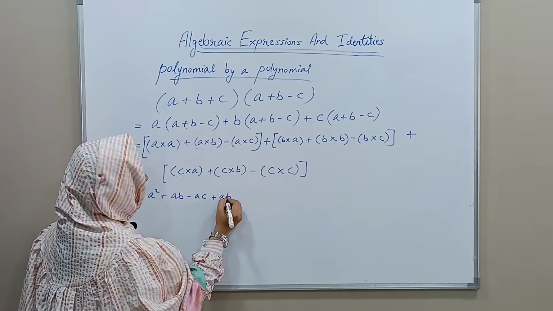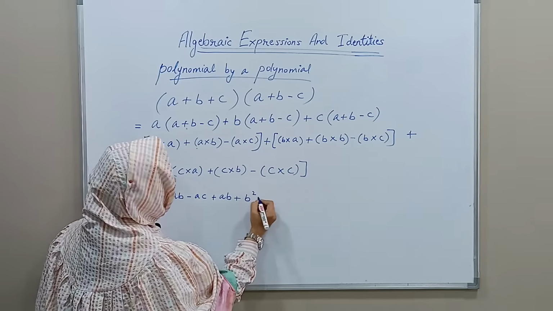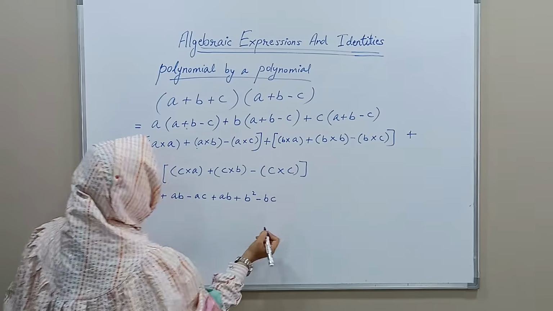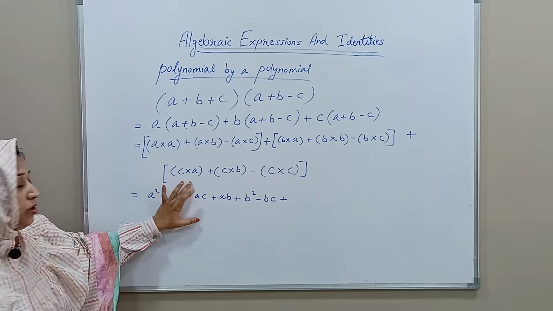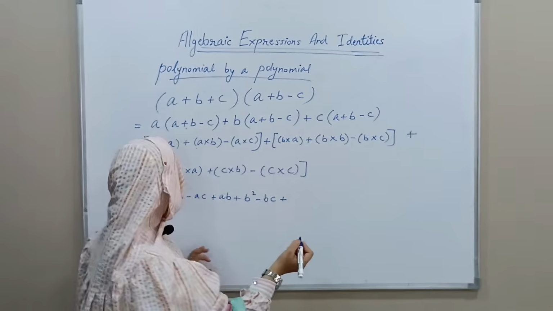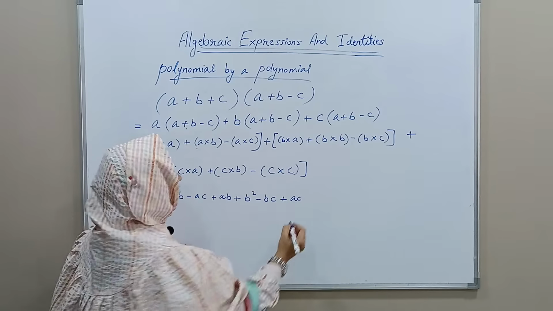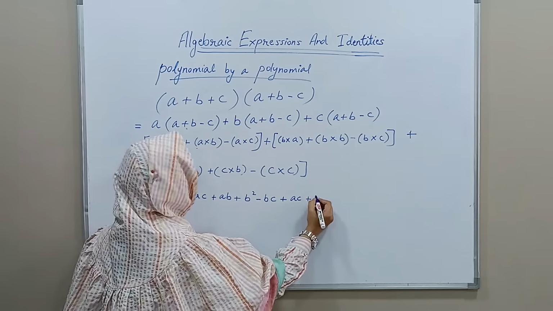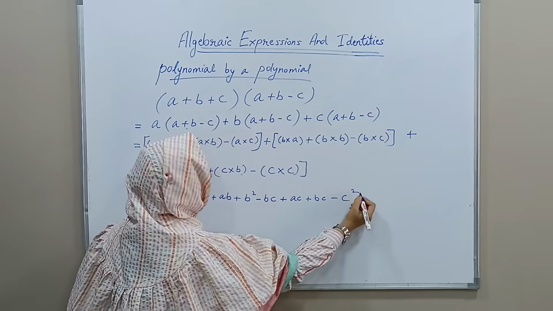So this becomes ab plus b into b is b square minus b into c is bc. Then a plus sign. Now coming to the third part, c into a, ca, so let us write it as ac. Then plus sign, c into b is cb, so that becomes bc minus c into c is c square.